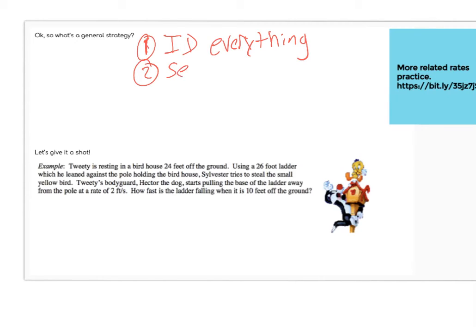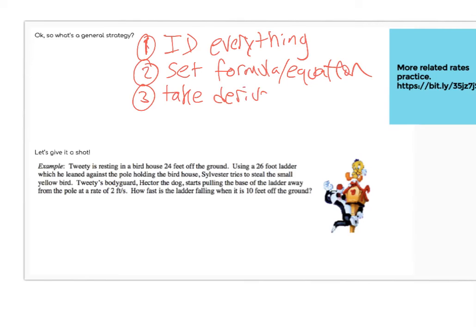we're going to have some kind of formula, or you'll be given some kind of equation. We're probably going to need to take some derivatives, and by probably I mean you will. And just as a reminder, these are all going to be implicit, because we need to deal with different variables.